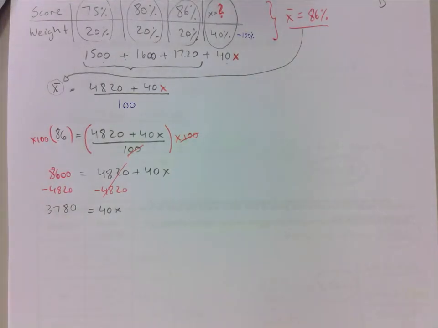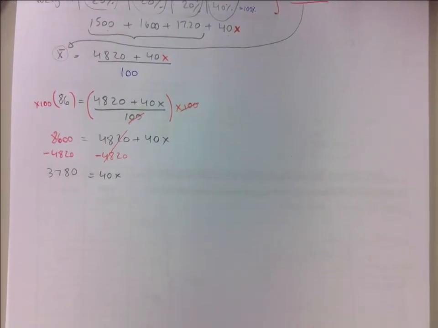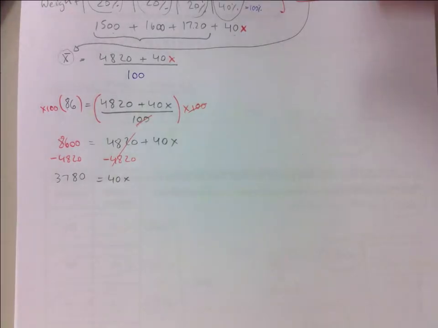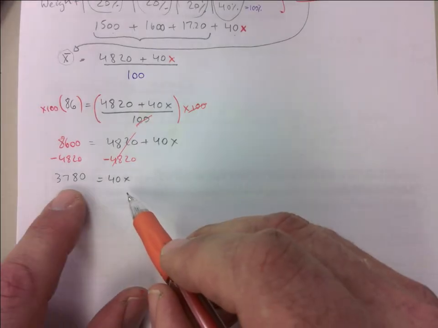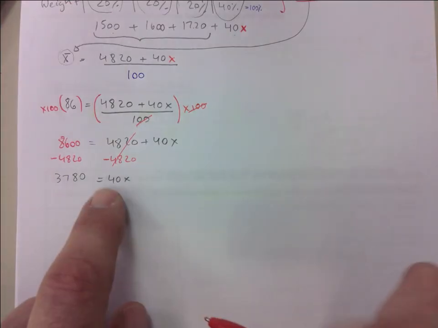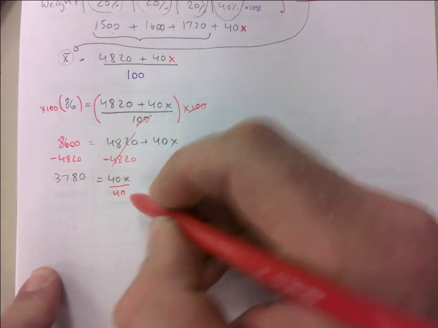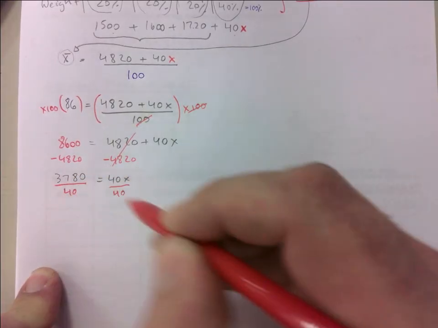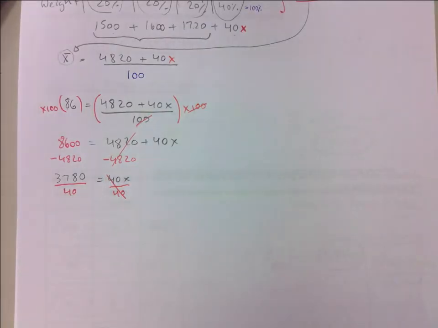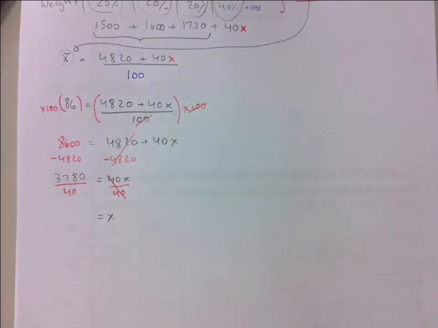Do you know how to manipulate formulas? Okay? And then what do we do next? 40 is multiplying x. You want to do the opposite? Cancel out. You go 3780 divided by 40.